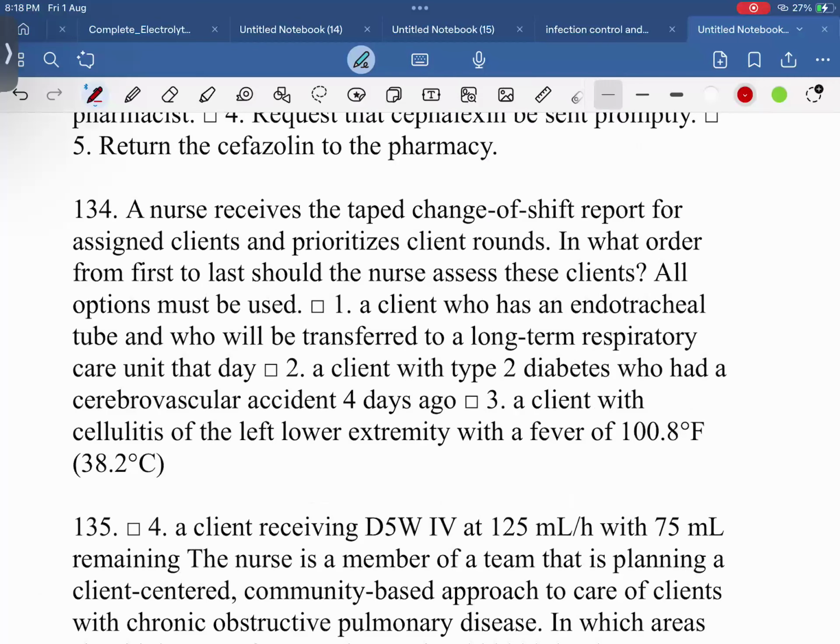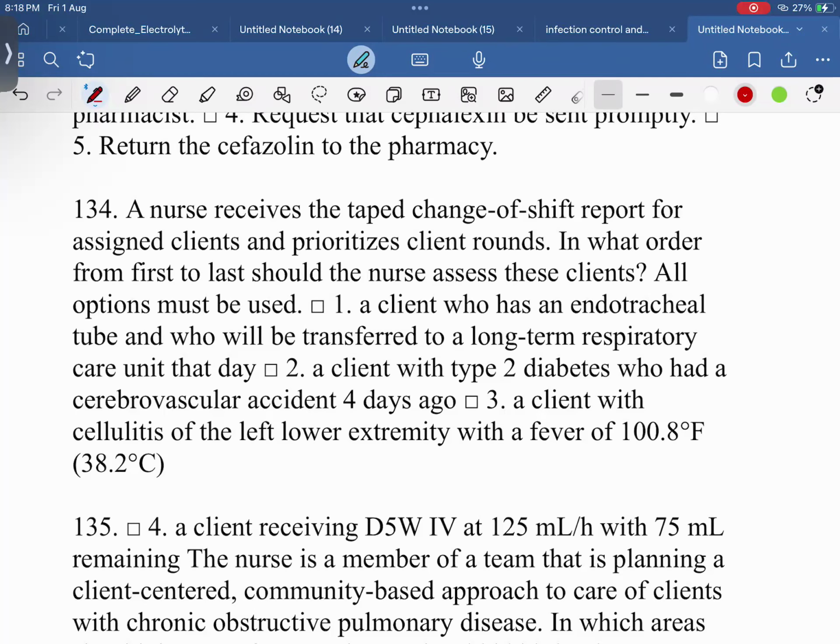A nurse received the change of shift report for assigned clients and prioritized client rounds. In what order from first to last should the nurse assess these clients? All options must be used. First, a client who has an endotracheal tube and who will be transferred to a long-term respiratory care unit that day. Second, a client with type 2 diabetes who had a cerebrovascular accident 4 days ago.